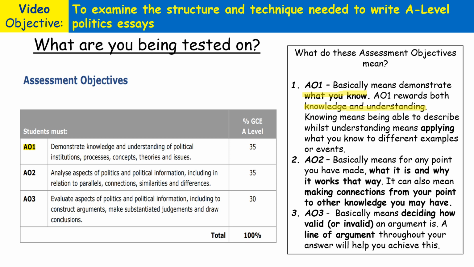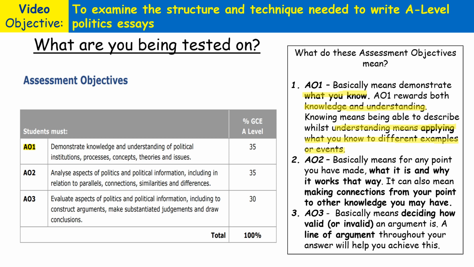So knowing means being able to describe, while understanding means applying what you know to different examples or events. Essentially, using what you know and applying it to evidence of events or examples, and like I said, showing the marker that you understand the focus of what the question is asking you.